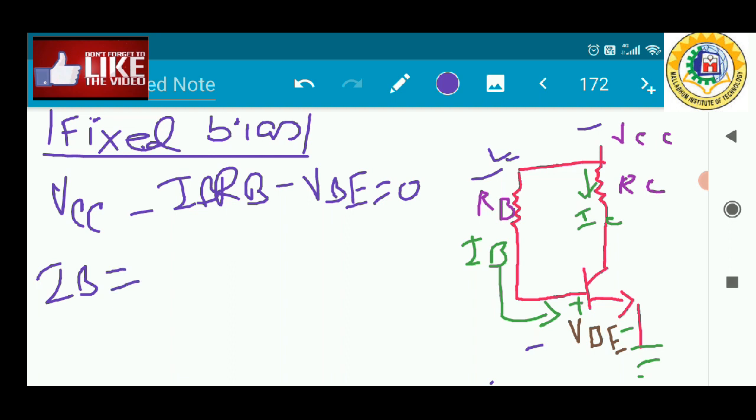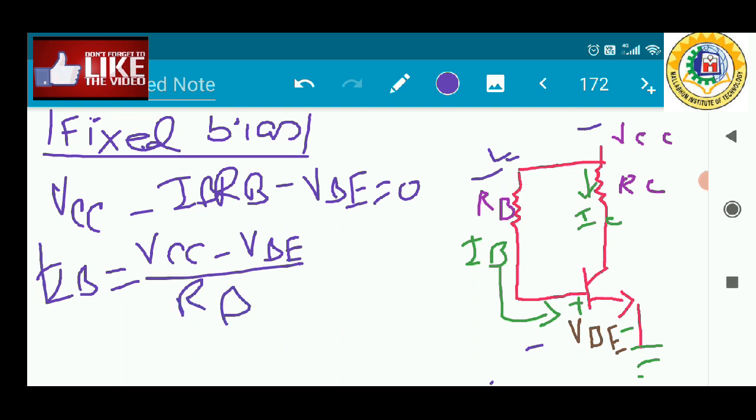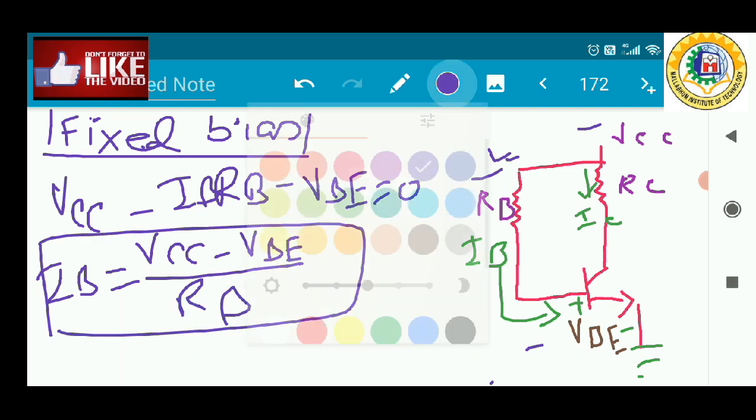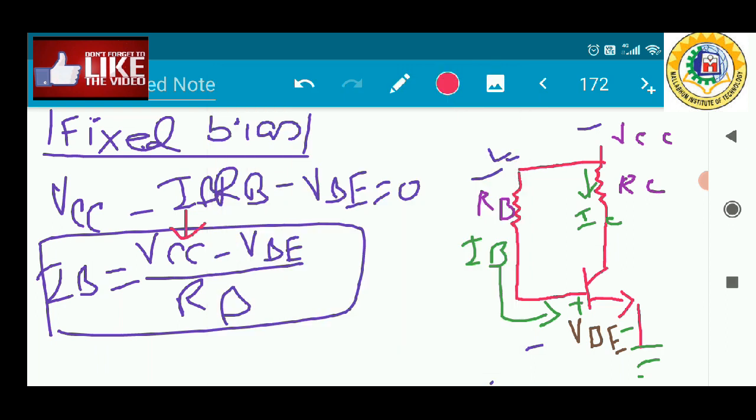So IB will be (VCC minus VBE) by RB. You can see from that equation that VCC is fixed, VBE is fixed, RB is fixed, so IB will be fixed. So IB will be constant. That is the conclusion from that equation.